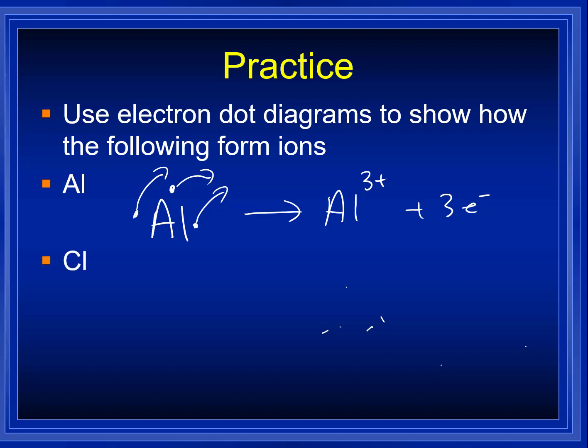What about Cl? Chlorine, it's a halogen, so it gets 7 dots. How could it look like a noble gas? So I'm going to put plus an electron on this side. I have to add the electron in. Makes a Cl minus that's completely full.